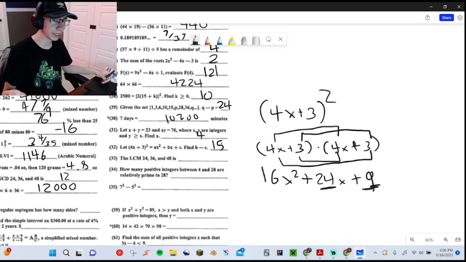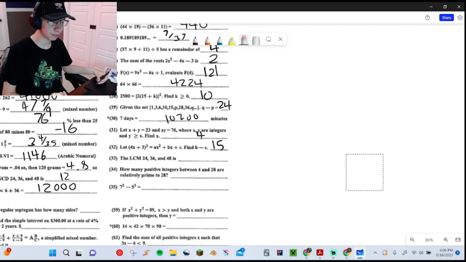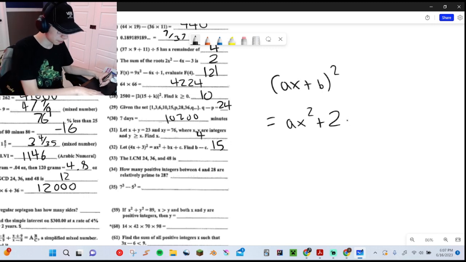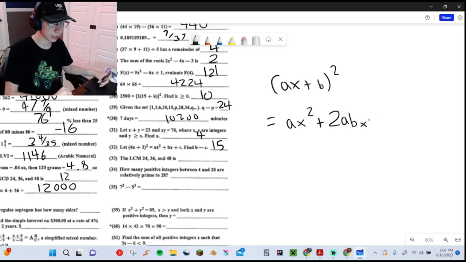That's the FOILing way. But the better way, the number sense way to do it, is memorizing binomial expansion. It's a good thing to know that whenever you have some ax plus b squared, the result is always a squared x squared plus 2abx plus b squared.